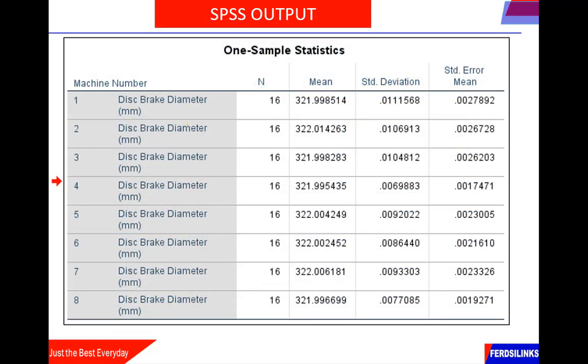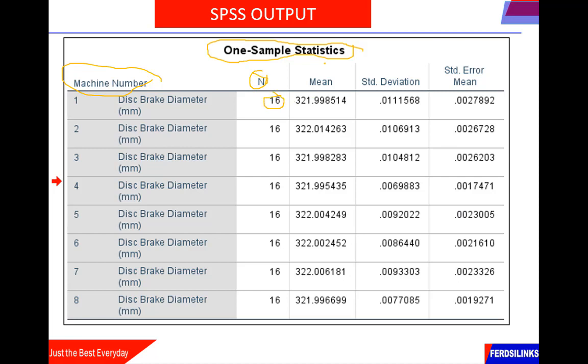The first is the output table that gives us our one sample statistics. The one sample statistics gives us our machines, which are 8 of them, machine 1 up to 8. We have our n. We said for each machine we took 16 samples. This is our 16, which is our n.